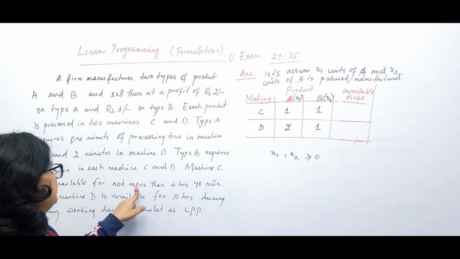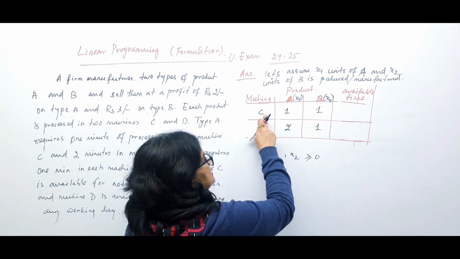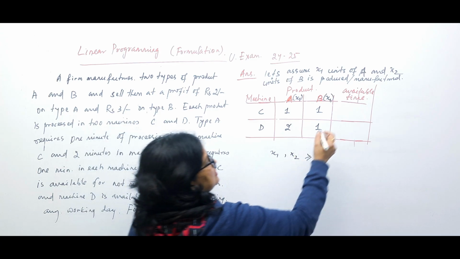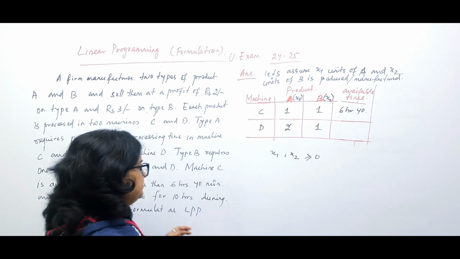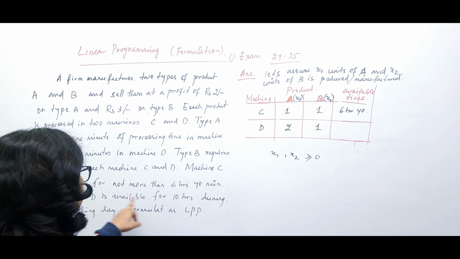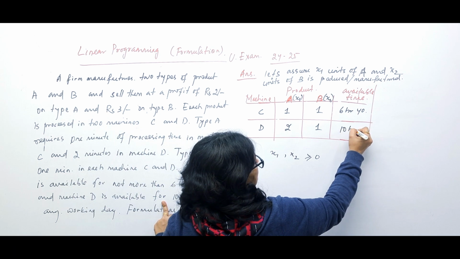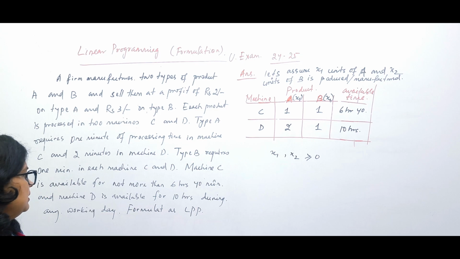Machine C is available for not more than 6 hours 40 minutes. This is our constraint. Machine D is available for 10 hours during the working day.